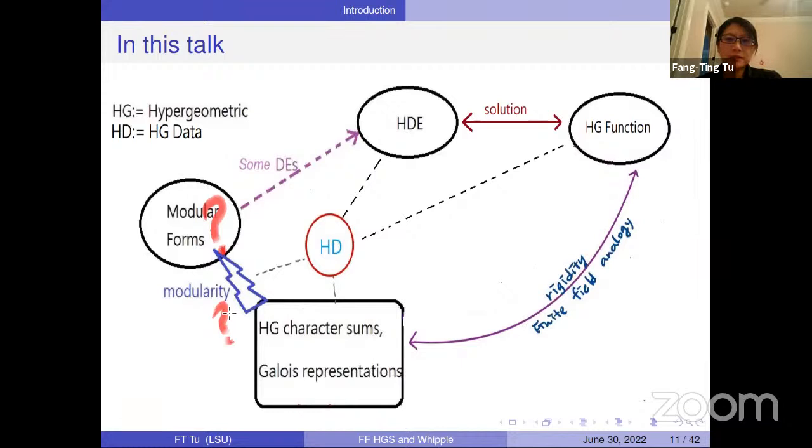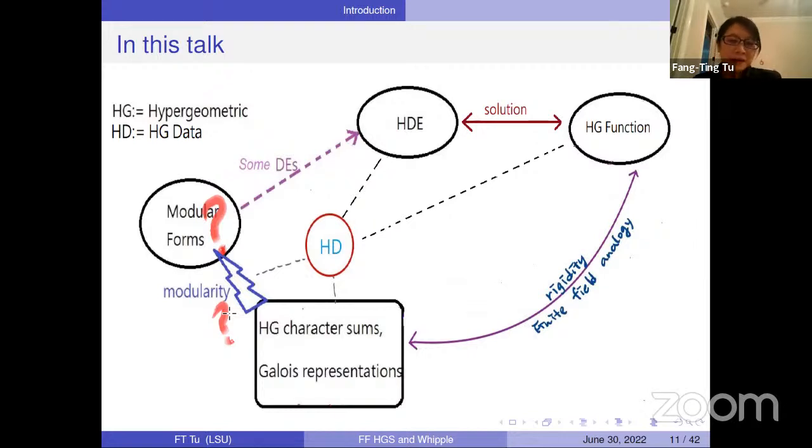So this gives us some ideas to relate hypergeometric evaluations to periods of modular forms, and to identify the modular form if the Galois representation is modular.